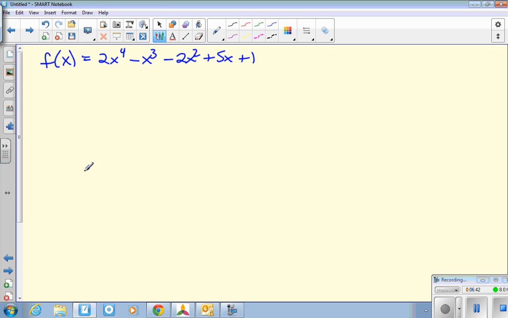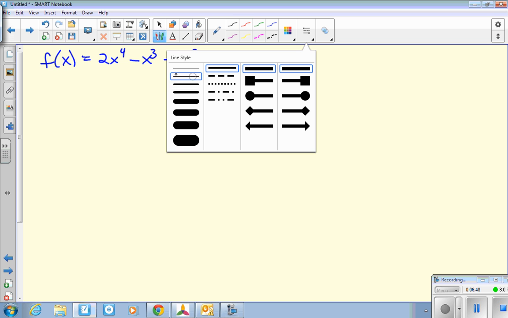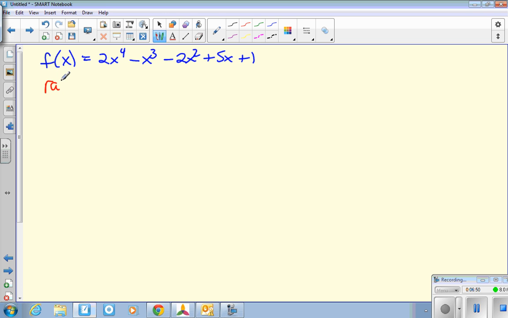If this is my function, I'm going to first list the possible rational roots. And it's doing the p over q, I get 1 over 1, 1 over 2. Plus or minus 1, plus or minus 1/2. Those are the only possible rational roots.